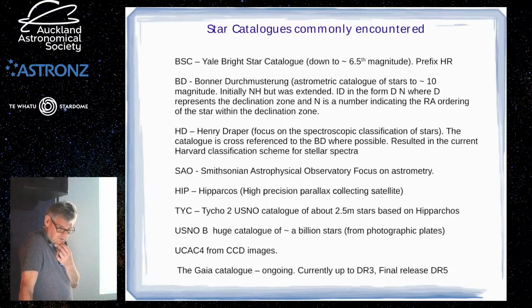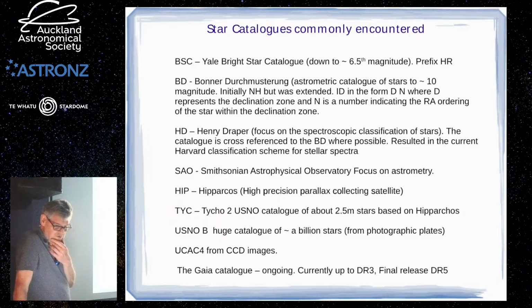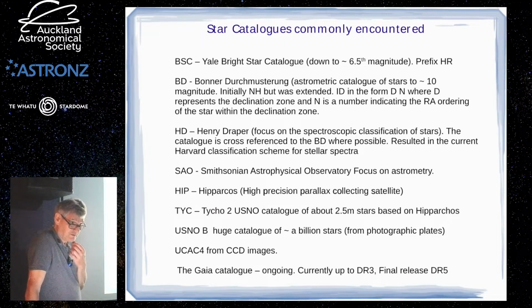It goes down to magnitude 6.5, about the dimmest that you can see on a really dark and moonless night if you've got really good eyesight and you're well away from any city, probably the outback of Australia or somewhere like that.